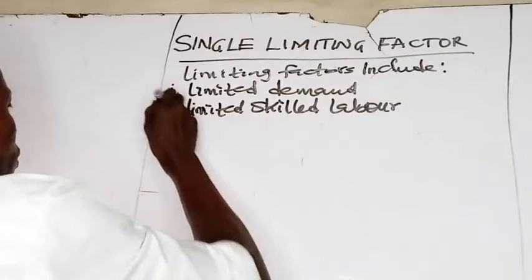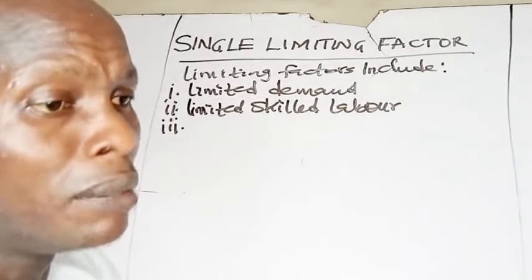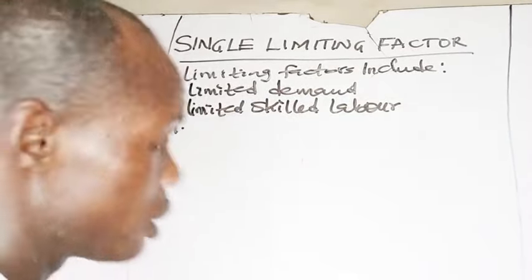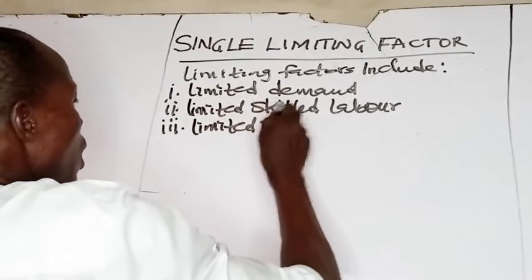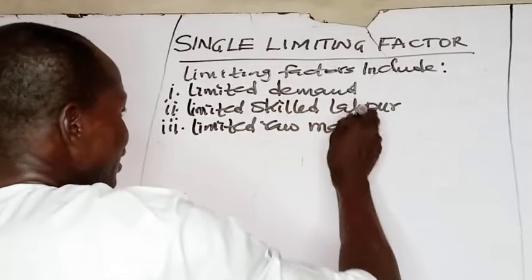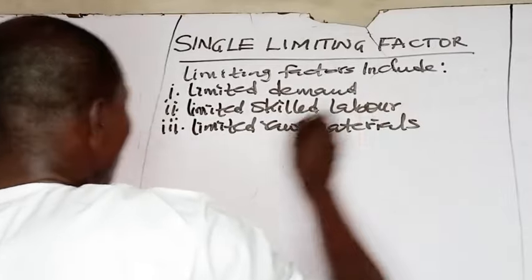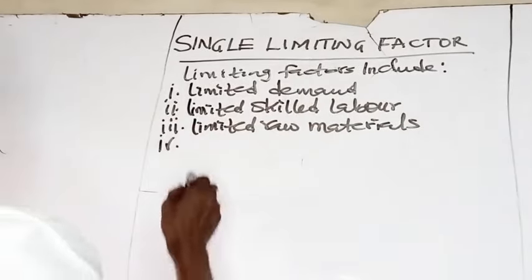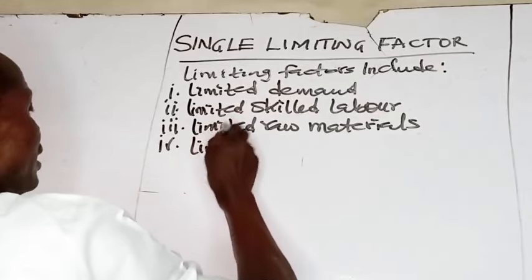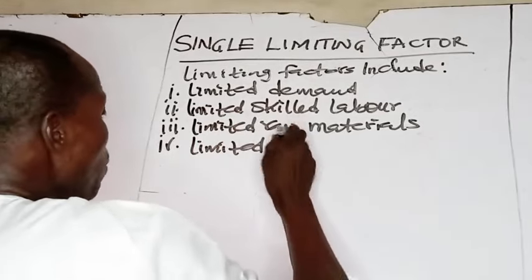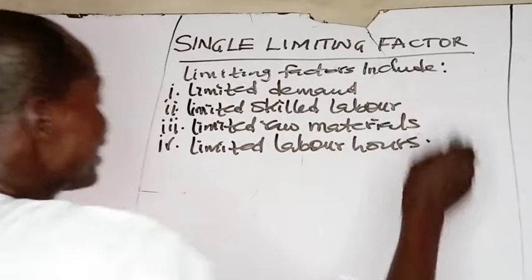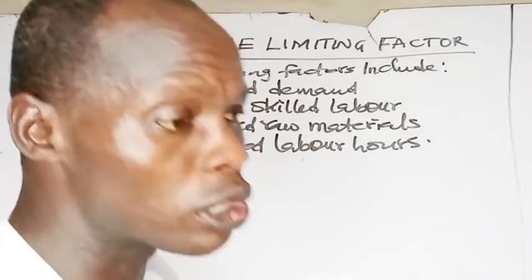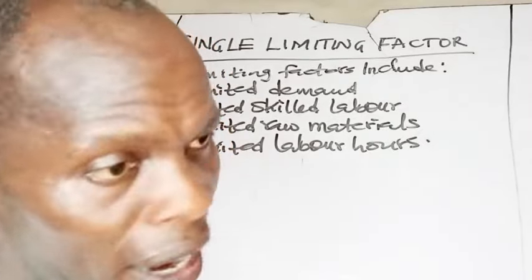Three, you may have limitation in raw materials. Limited raw materials. Limitation in labor hours. Limited labor hours. These are the examples of limiting factor.